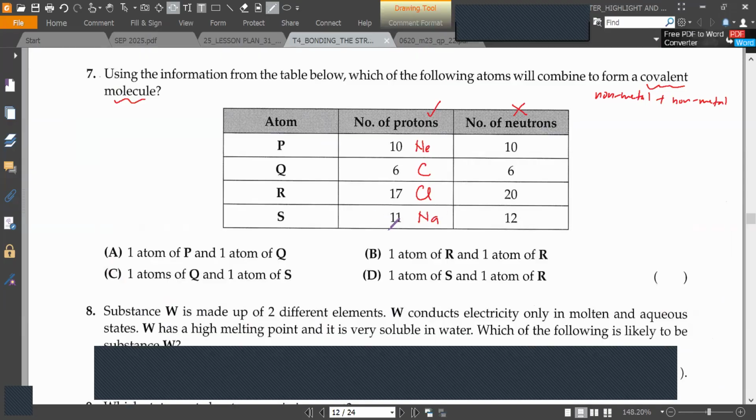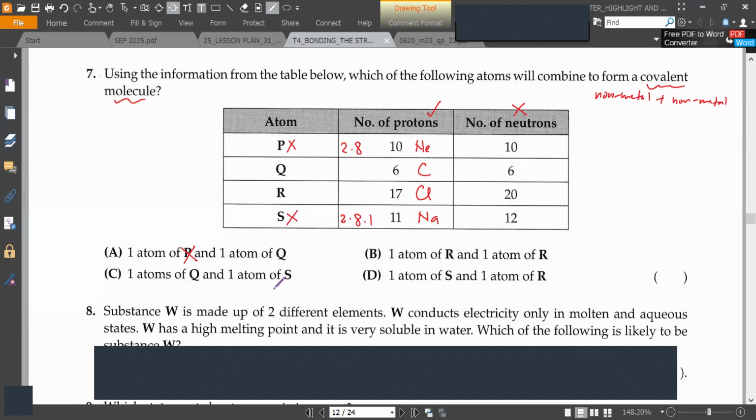Neon is a noble gas, so it's not reactive. Electron configuration 2,8 is not reactive, so we don't consider that. Sodium is a group 1 metal, which does not form a covalent molecule, so we don't consider that.